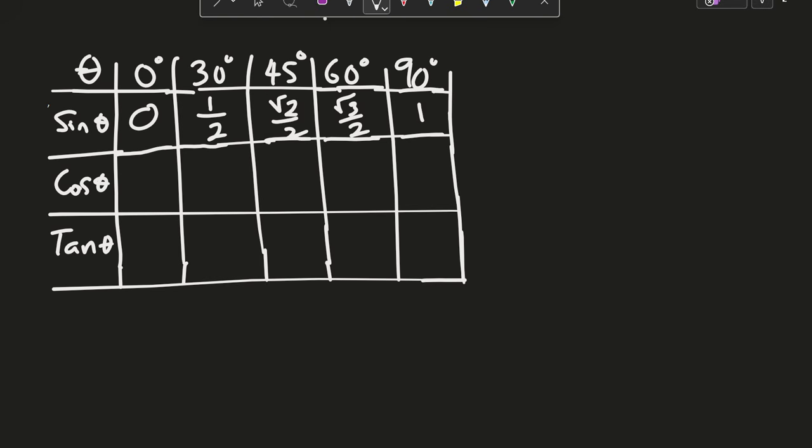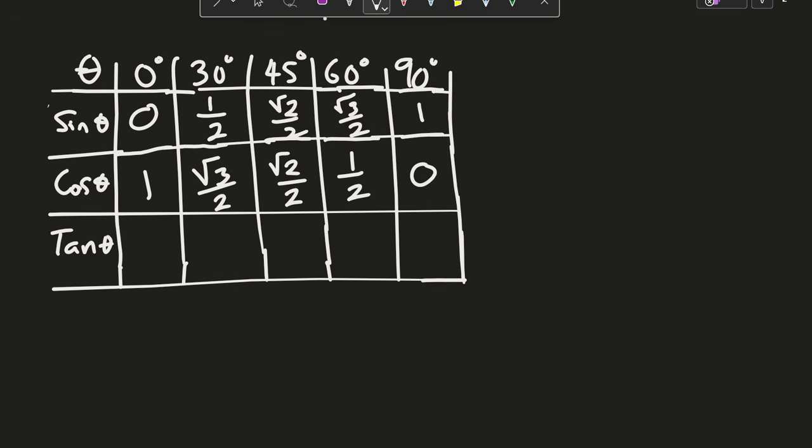Now to get cosine is also simple. Once you've gotten sine, you just repeat the same thing for cosine, but you're doing it backwards. So you start from the number at the back, which is from 90. You start with 1, then you go to 60 with root 3 divided by 2, then root 2 divided by 2, then 1 over 2, and so you have 0.